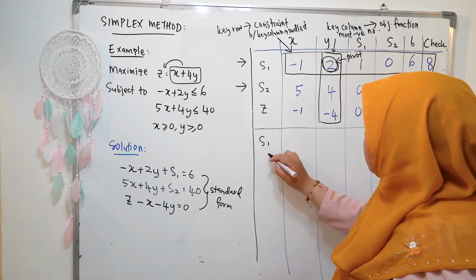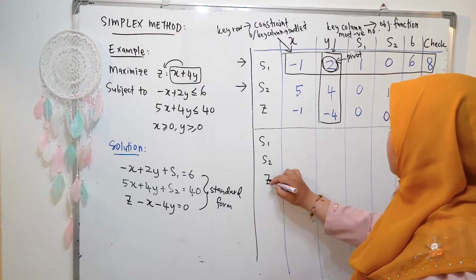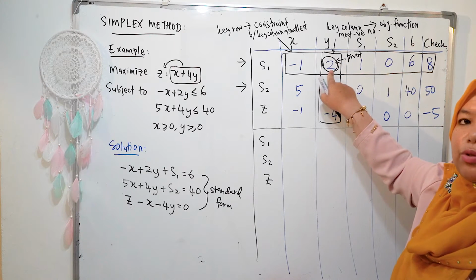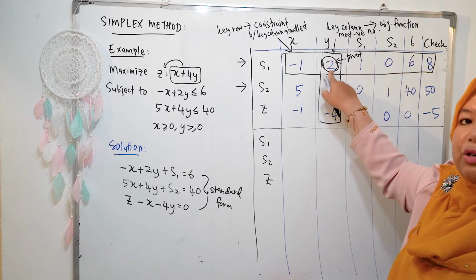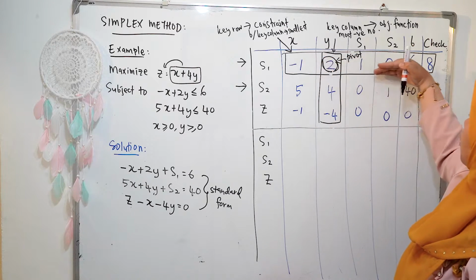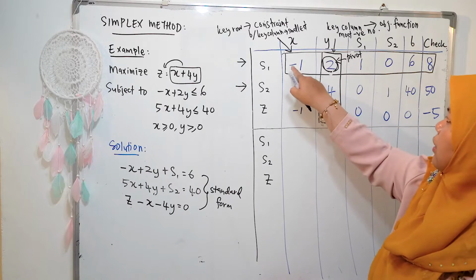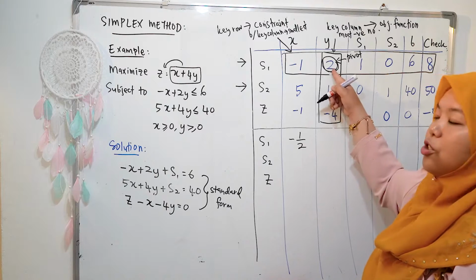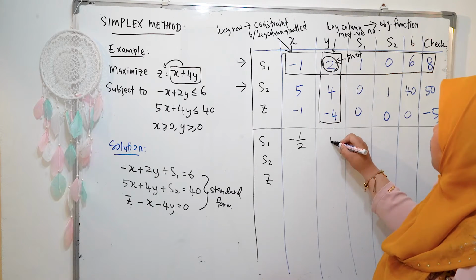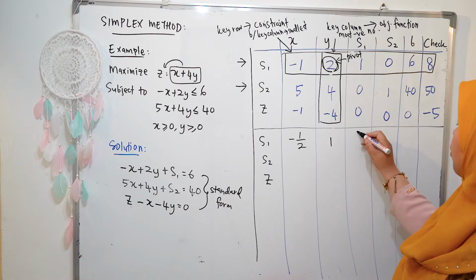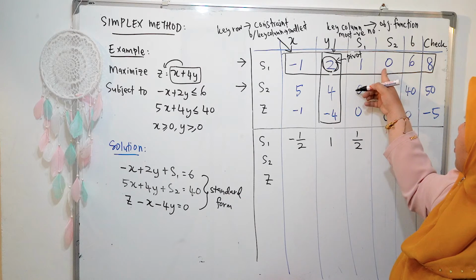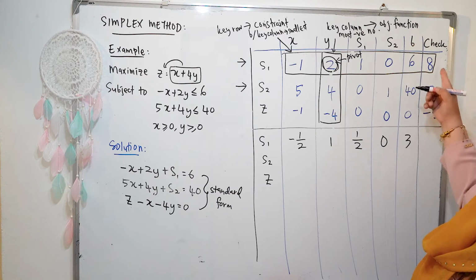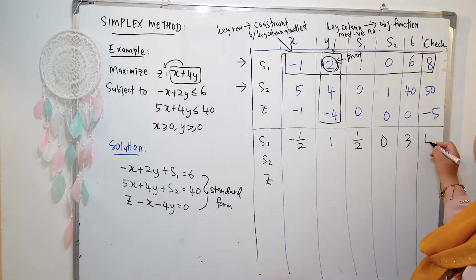The pivot is 2, so we divide this row by 2. Negative 1 over 2, negative 1 over 2. Then 2 over 2 is 1. 1 over 2, 1 over 2. 0 over 2 is 0. 6 over 2 is 3. The check value over 2 is 4.